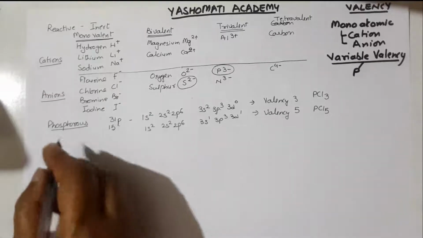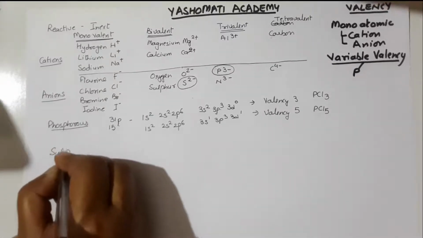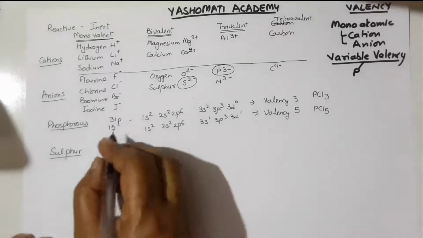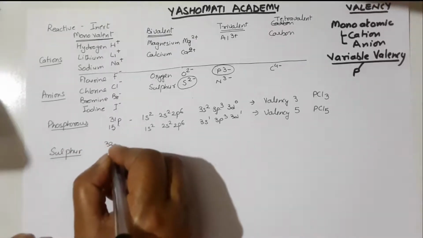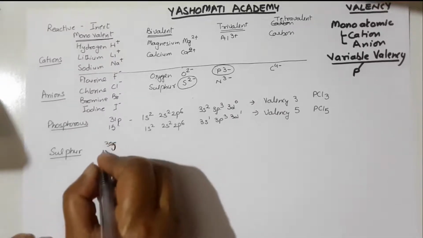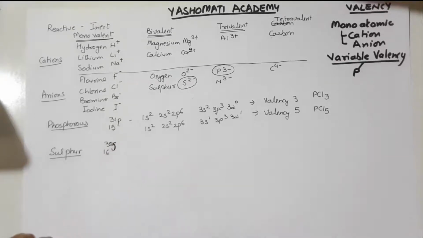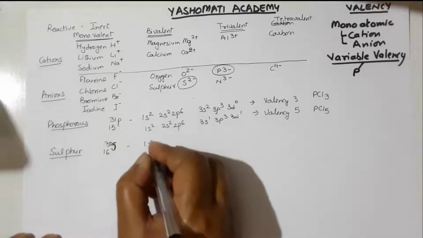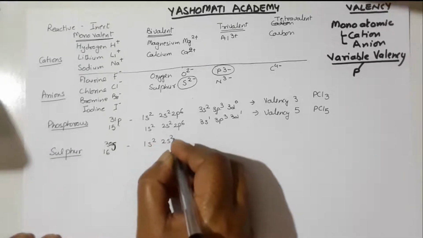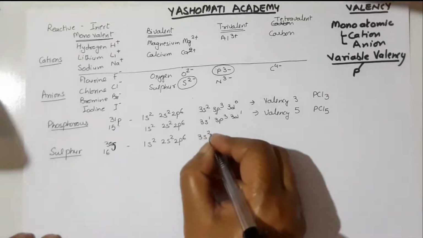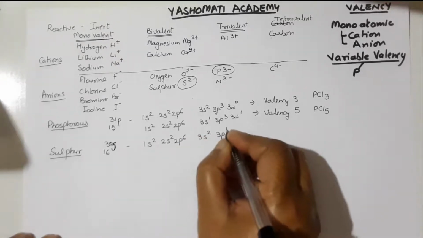Similarly, in case of sulfur, symbol S, its mass number is 32 and atomic number is 16. If I write its configuration, then it will be 1s2, 2s2, 2p6, 3s2 and 3p4.